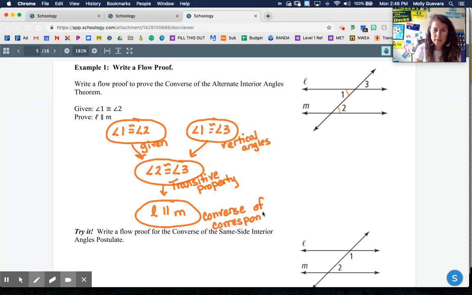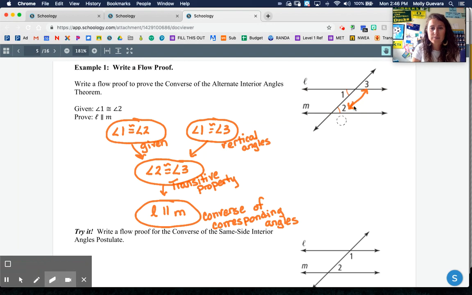Lots of writing on this one. The converse of corresponding angles says that if corresponding angles are equal, which in this case corresponding angles are 2 and 3, if they're equal, which we show that they are, then the lines are parallel. So if the angles are equal, then the lines are parallel.